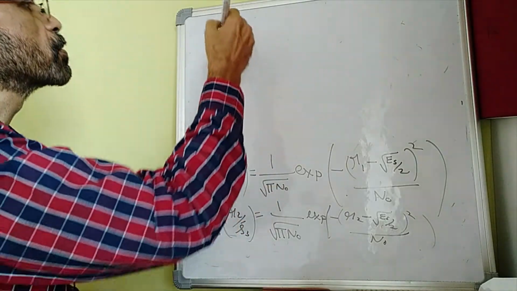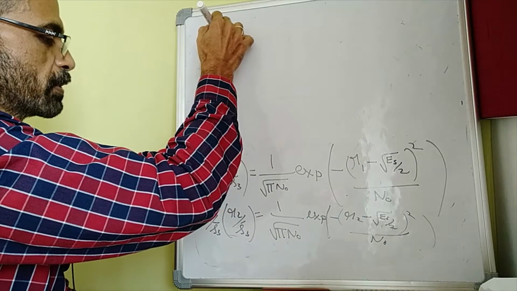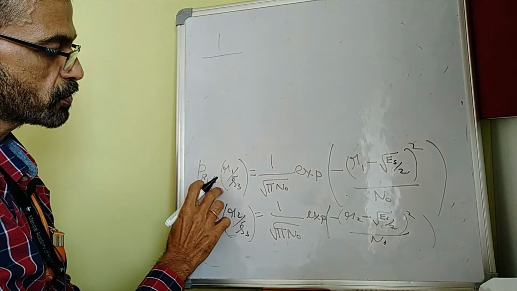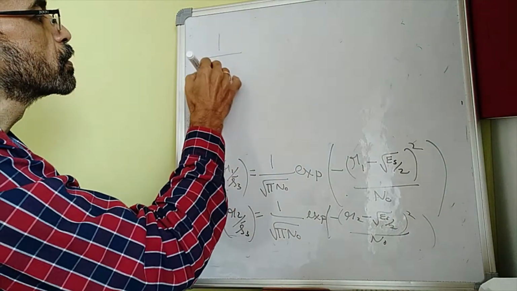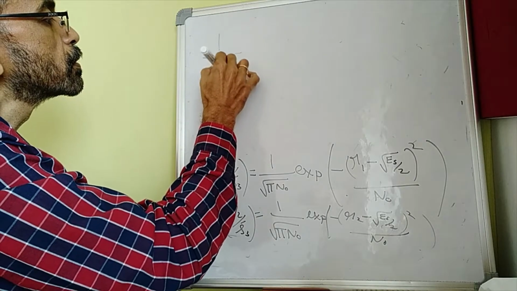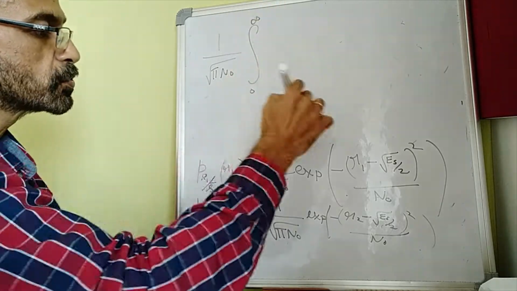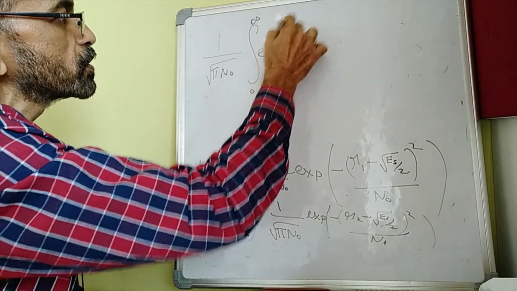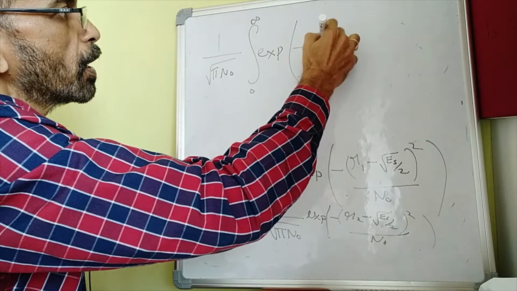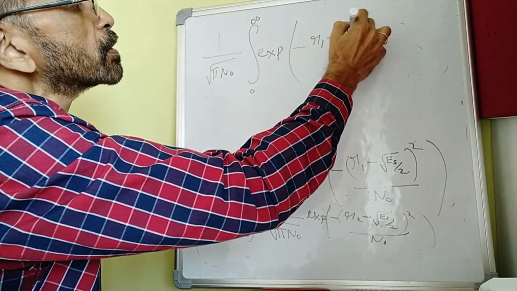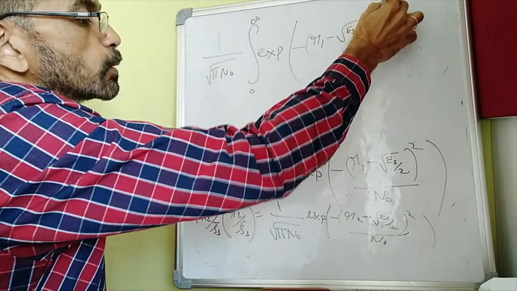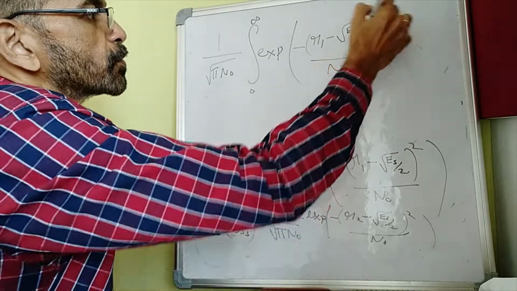So probability of R1 becoming greater than 0 is simply the integral of this from 0 to infinity. You just have to integrate it from 0 to infinity. This gives you the probability of R1 being greater than 0.